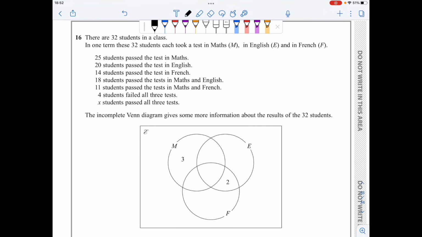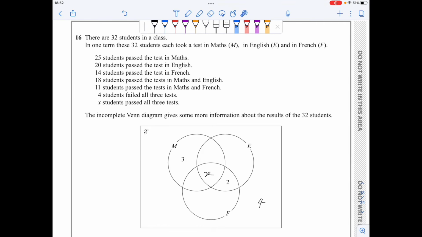For question 16, I'll start from the end of this list. So I've got X students passed all 3 tests, so the middle region is X. 4 students failed all 3 tests, so that's the outside region, that's 4.